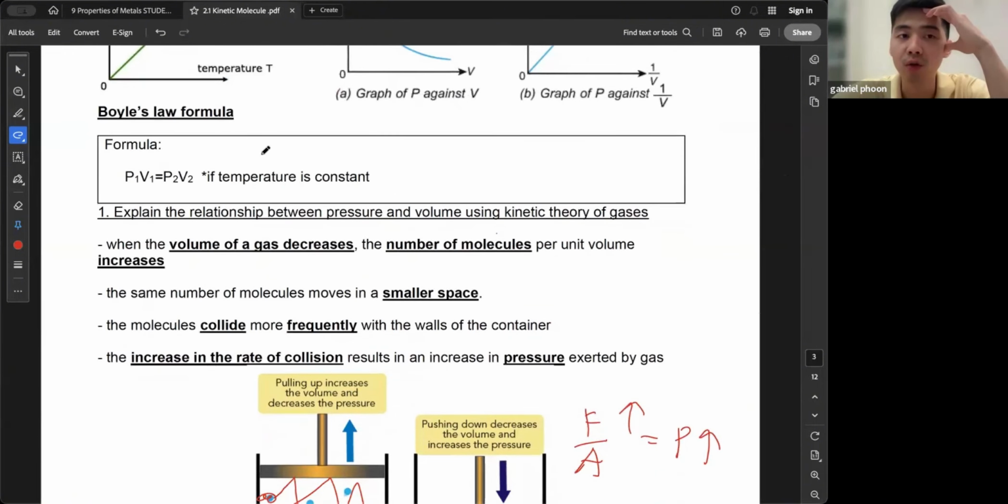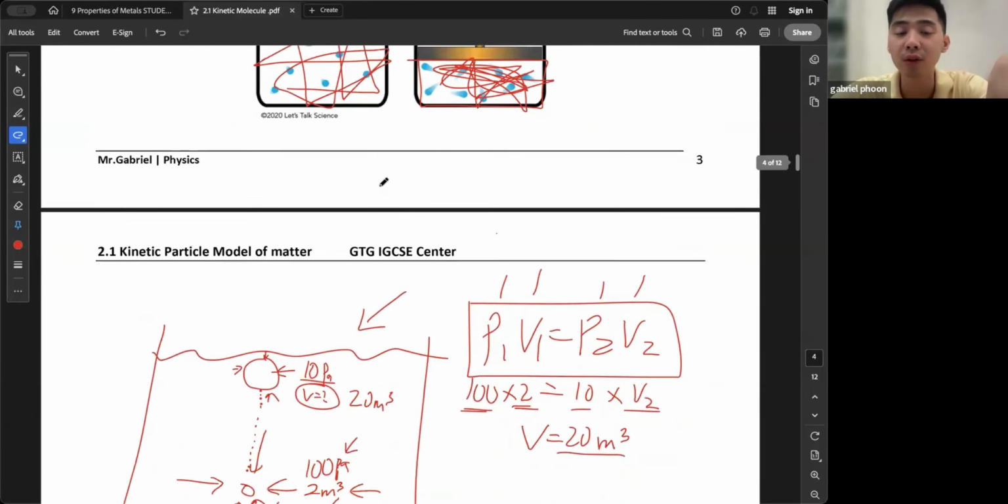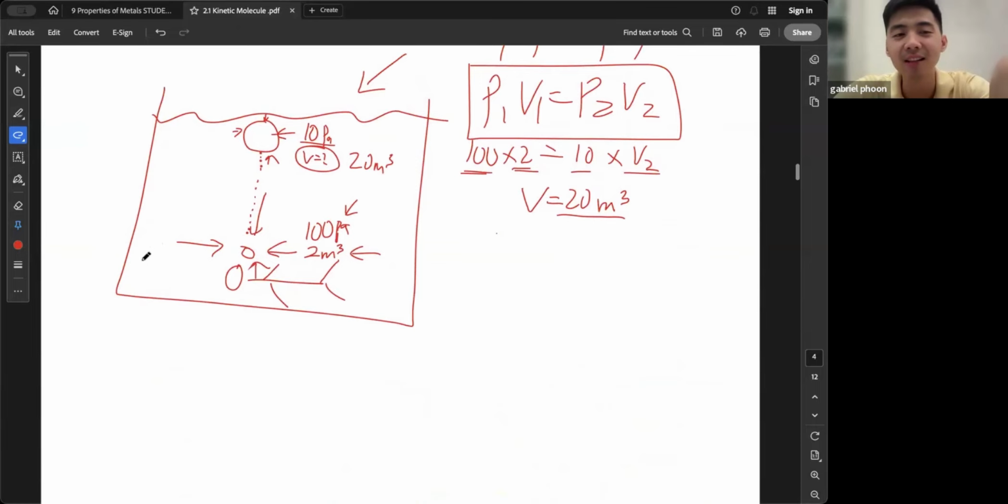So this formula can only work if the temperature is constant. Meaning, if here it's, let's say, 40 degrees Celsius, then here must be 40 degrees Celsius too. If a question, which will never happen, says here is 30 degrees Celsius and here is 40 degrees Celsius, find the volume, it cannot work.